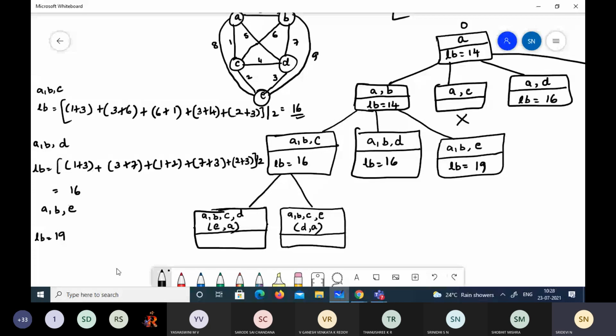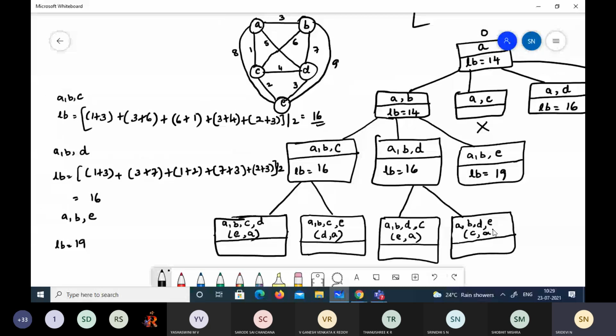Okay. Likewise, if you take this, A, B, D, I can go to C, E, and then back to A. I can reach C, then I'll be left out with E, back to A. Or else I can just take this path also: A, B, D, I can go to E, then to C, and then back to A I can go.